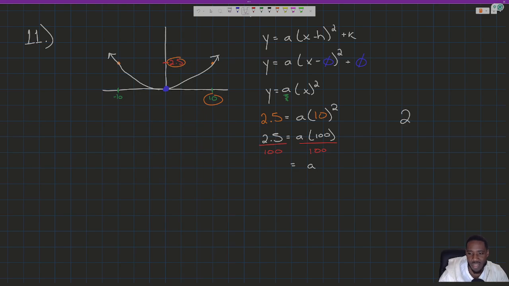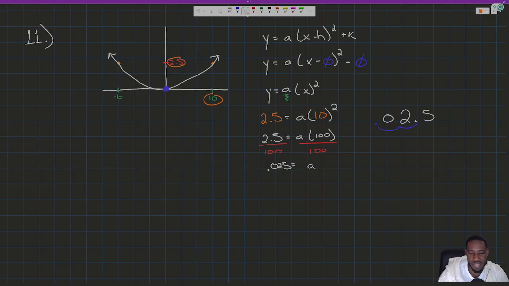So if it started here in 2.5, 2 places to the left puts it here. And so now we're at 0.025. So a is equal to 0.025.